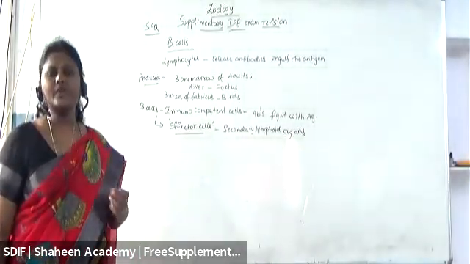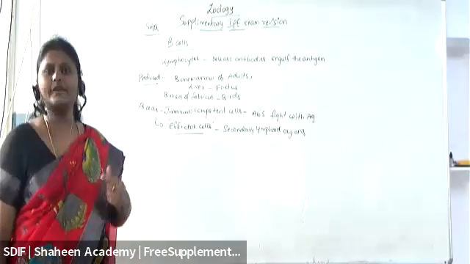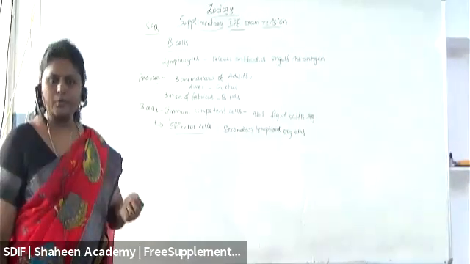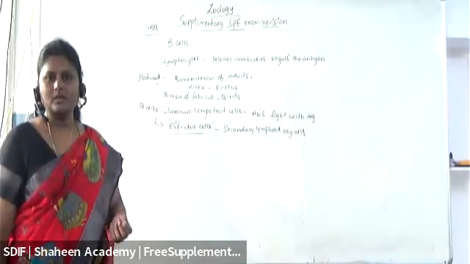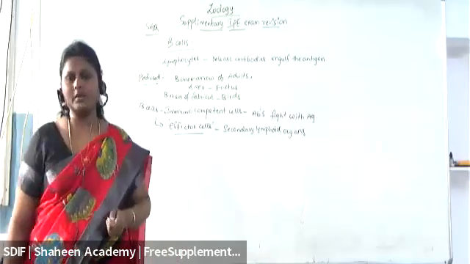Primary lymphoid organs are those where the lymphocytes are produced and matured, like bone marrow and thymus. So bone marrow and thymus are called primary lymphoid organs.